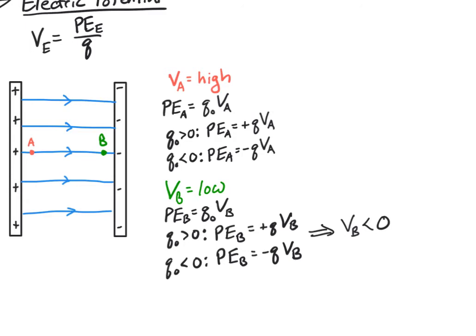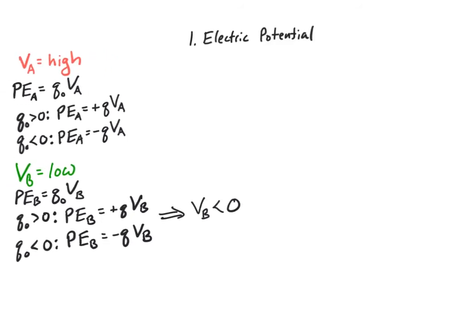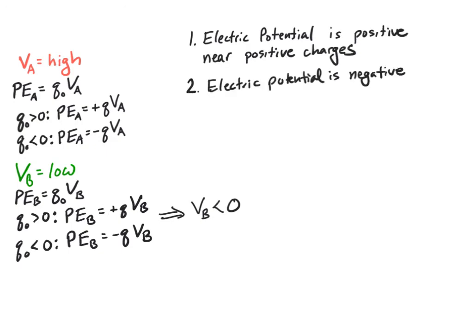And so this gets us to a quick rule, and that rule, or these two rules, sort of, are that electric potential is positive near positive charges, and it's negative near negative charges.